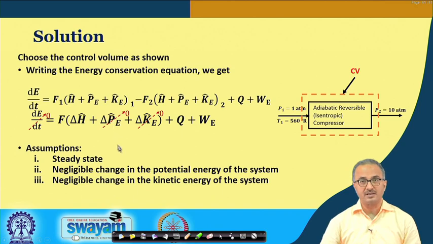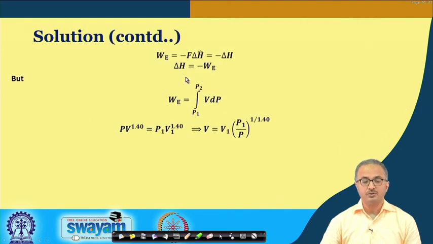Then we also neglect the change in the kinetic energy of the system. So, this term also goes to 0, and when we assume it to be adiabatic, then this particular Q term also goes to 0. So, what we are left with is this work term and the change in enthalpy term. So, here we find the total enthalpy change is delta H, and this is equal to minus WE.